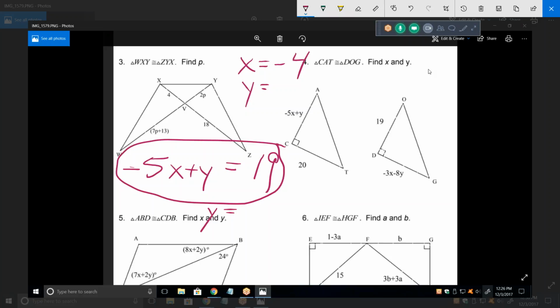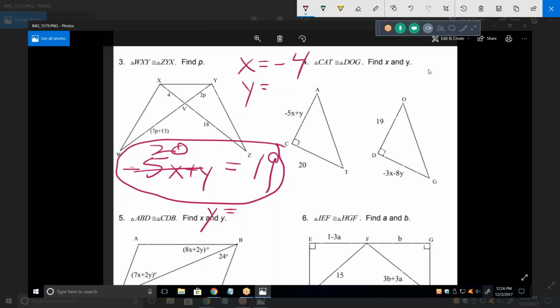So what's y? Hold on. So 20. So you have 20 plus y equals 19. What's y? Then you do 20 plus y equals 19, and then you subtract 19 from 20.